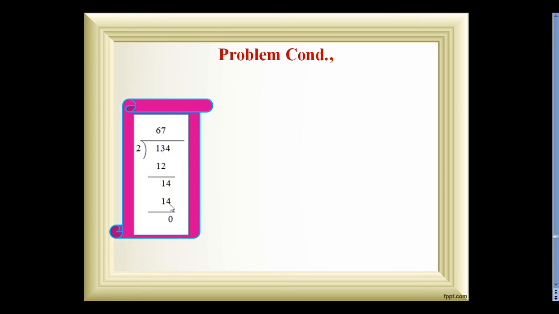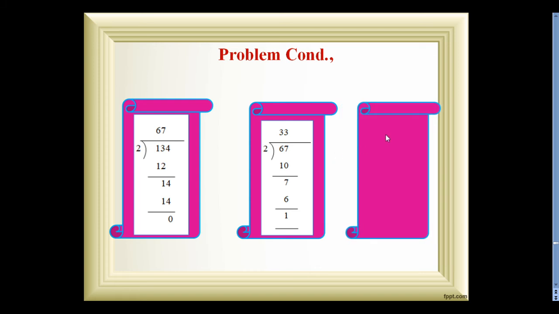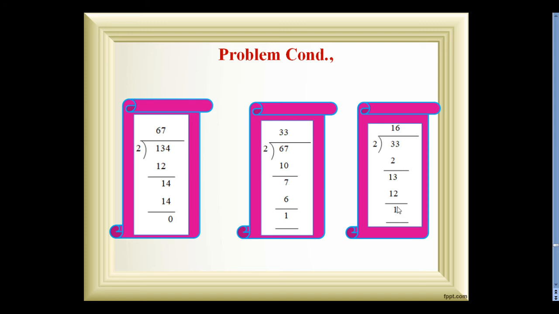We are getting 67 and remainder is 0. Then again you take the quotient. This is 67 you are taking and dividing by 2. We are getting 33. Remainder is 1. Again 33 you should divide by 2. We are getting 2 into 16. And finally we are getting the remainder 1.